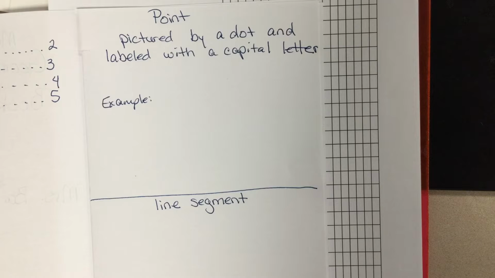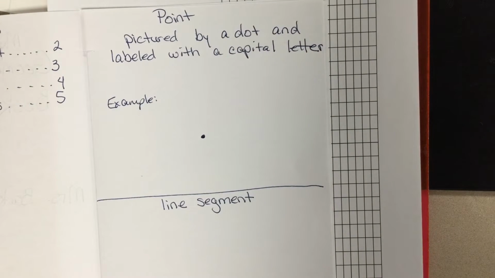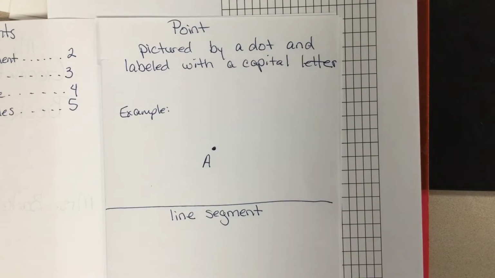So my definition says it's pictured by a dot and labeled with a capital letter. That means it's a dot. And I can call this any letter I want to call it. You will see it called any letter of the alphabet. I'm just going to call this one A. So whenever I say this, I say it as point A.